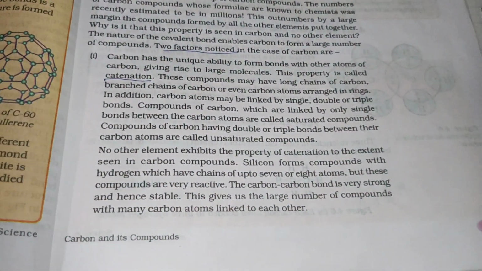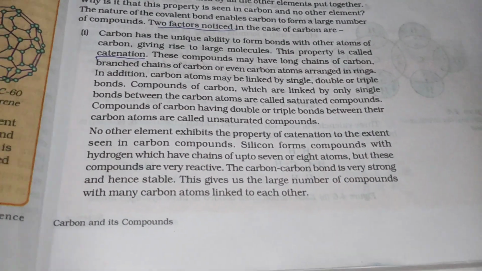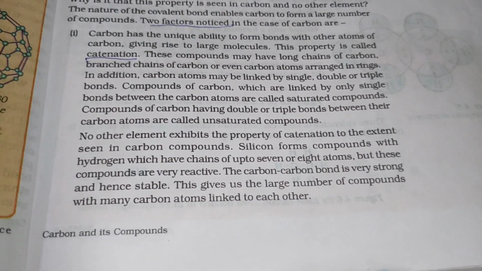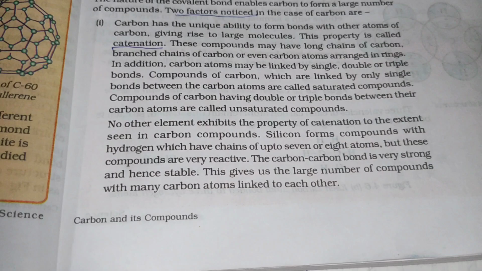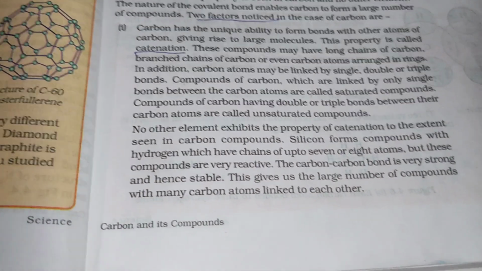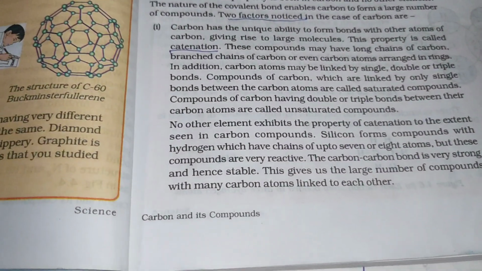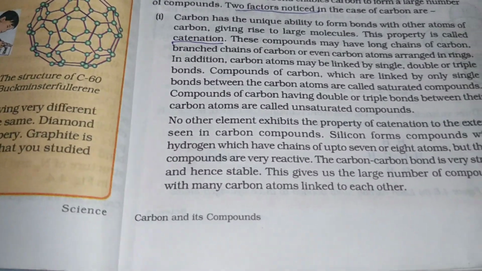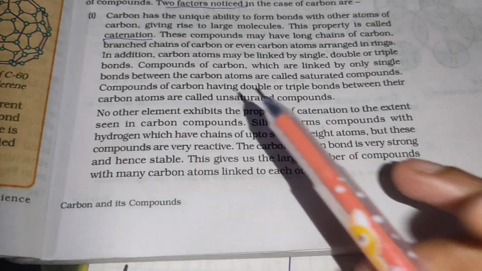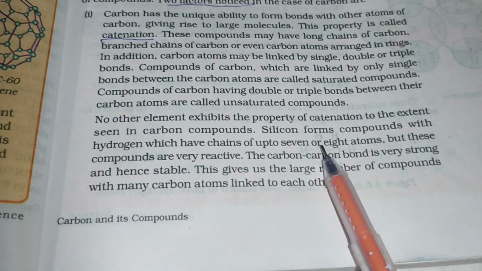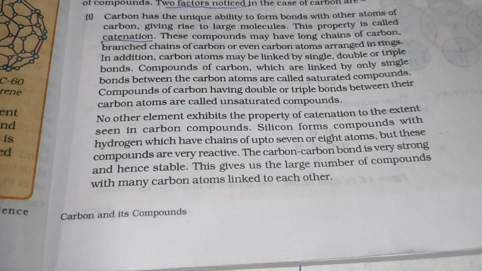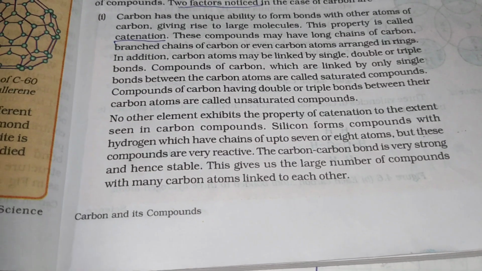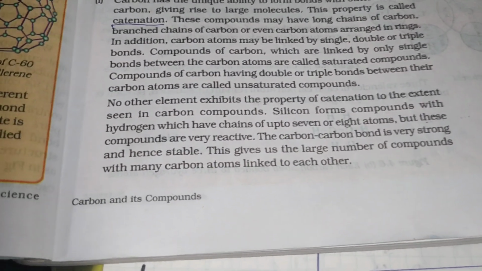No other element except carbon has this unique ability of catenation to the extent we see in carbon. How many carbon atoms can form a long chain? This property is not present in others to this extent. Even in silicon, it can form a chain of only up to 7 to 8 atoms, and they are very reactive. But carbon bonds are very strong and stable.